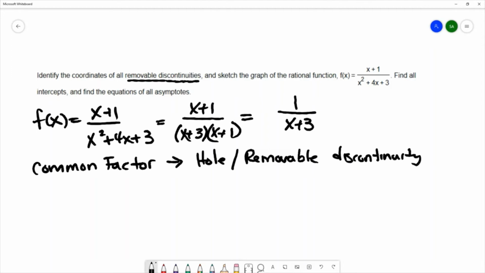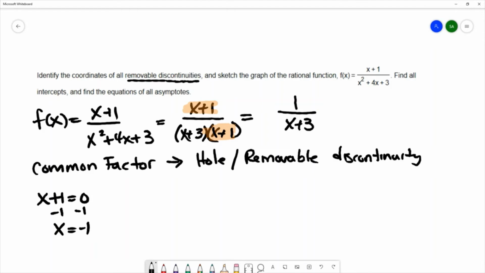So that common factor that we found is going to tell us the location of where that hole or removable discontinuity is. If I set that factor equal to 0 and solve, I know that there will be a hole in the graph at x equals -1.